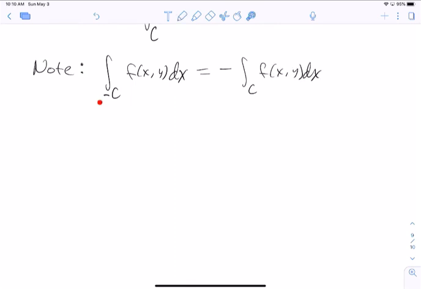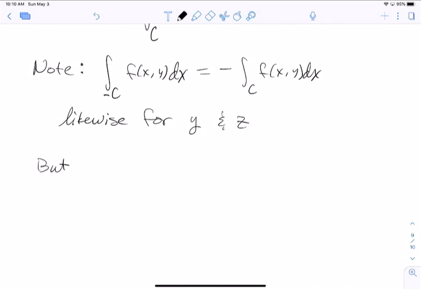The negative in front of the C in the first case means that the orientation is reversed from the original curve C. And what this says is reversing the orientation has the effect of giving us the negative of the line integral. That's because if we reverse the orientation, the sign of dx reverses as well. Likewise for y, and also z in the case that we're in 3 dimensions.